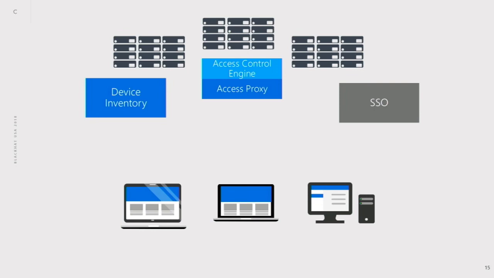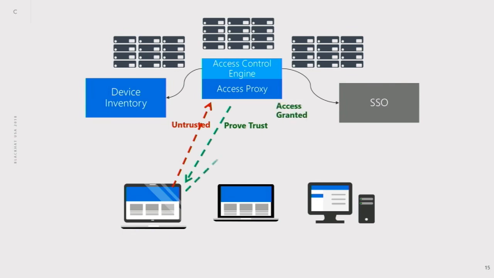We have the access control engine, we have our device inventory, and an SSO/user directory. Conceptually, any access to that now is considered untrusted. Remember, we have mandatory access control. The access control engine and proxy will force the device and the user to prove trust for any potential access request. And if the access is granted and you pass policy, everything is cool.